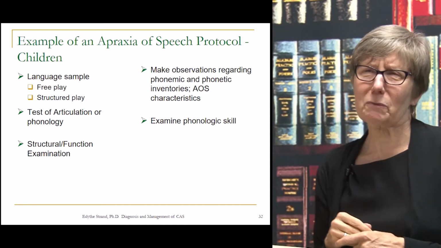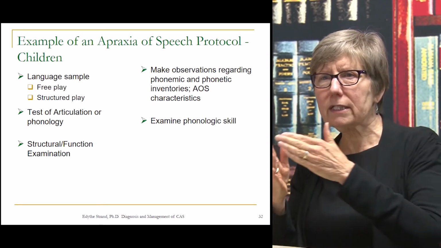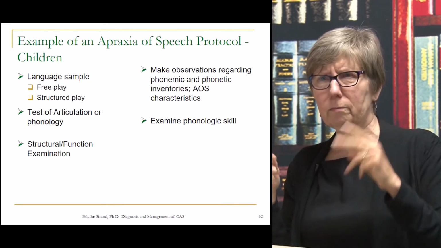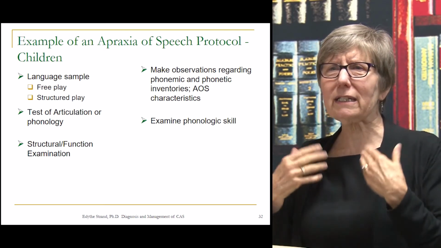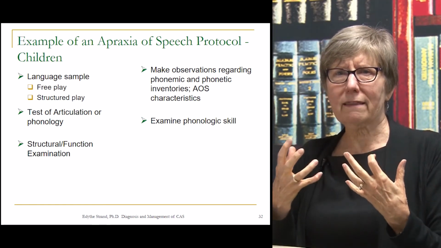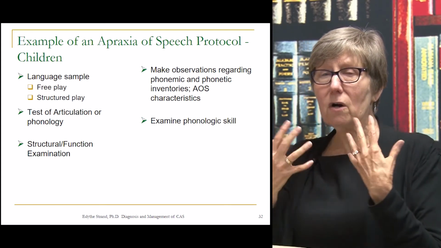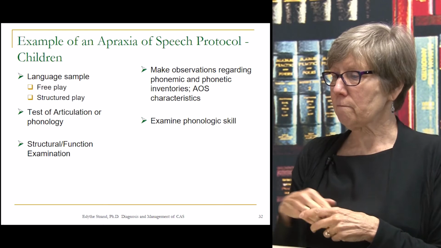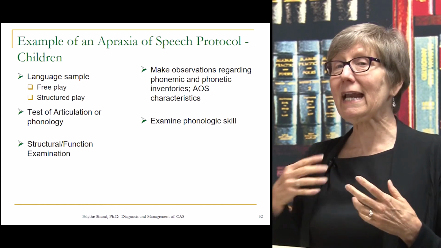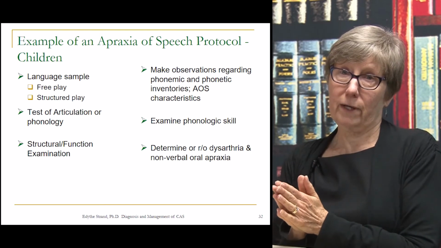Most of the time, many times, we don't have to sit with a tongue depressor and a stopwatch and actually have them do all these things that we learn to look for in a structural functional exam, often called oral peripheral exams, because we can see that the child has normal range of motion, strength, and speed just in the way that they're talking, just in the way that you've seen them chew and eat. We know that all the structures are fine. But maybe we aren't sure about that, in which case we'll do a more formal structural functional exam, and that helps us determine or rule out the probability of a dysarthria.